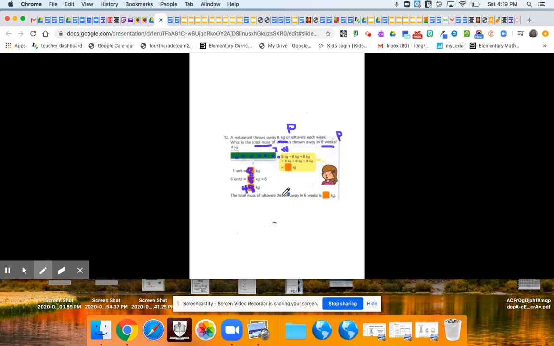So the total mass of leftovers thrown away in 6 weeks is 48 kilograms. Again, remember you're looking for a larger number, so this makes sense to multiply 8 times 6. Okay, again, let's erase this and move on to some problems that you're going to try on your own.